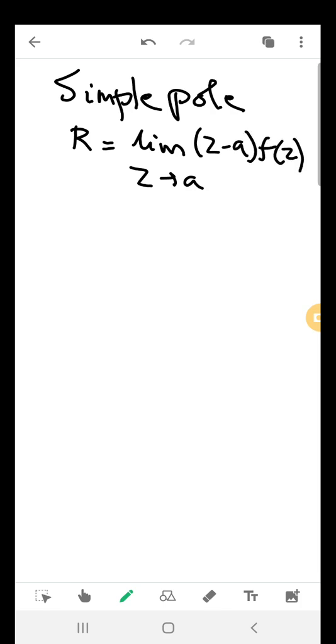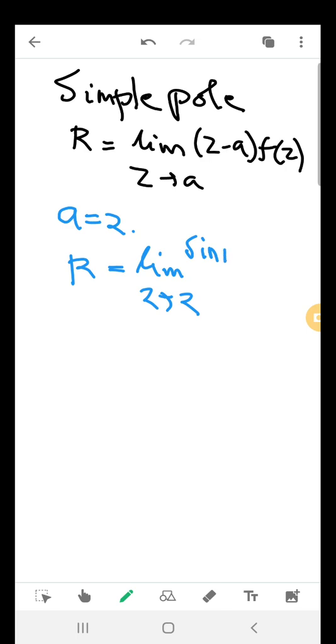So for the pole a is equal to 2, the first residue will be the limit as z tends to 2 of (z minus 2) f(z), that is (z minus 2) into sine pi z square plus cos pi z square divided by z minus 2.